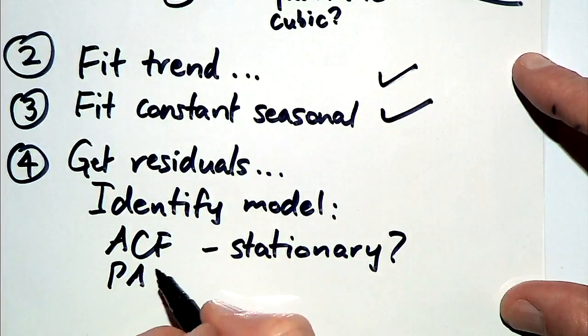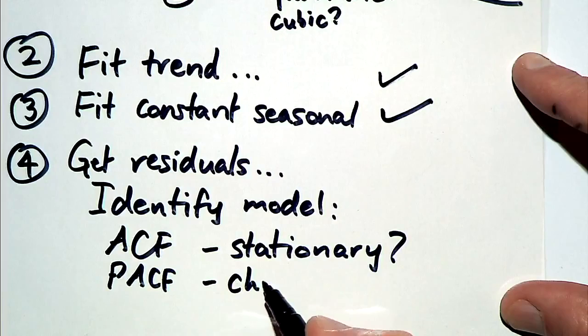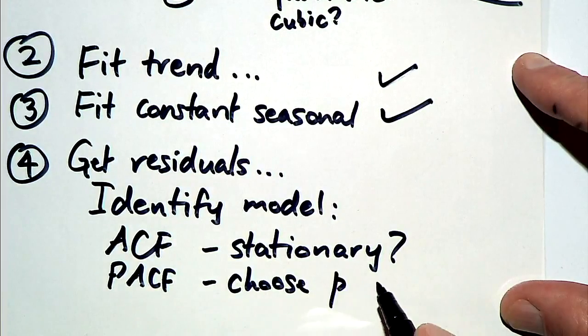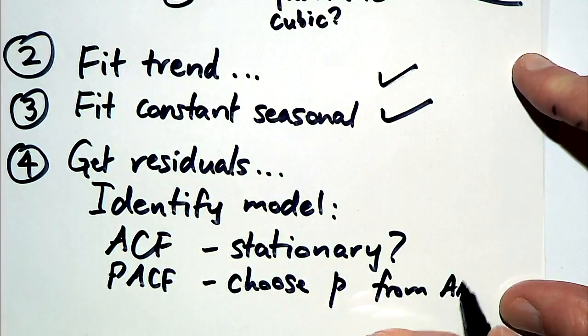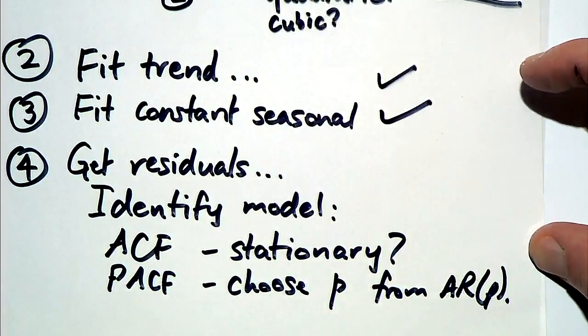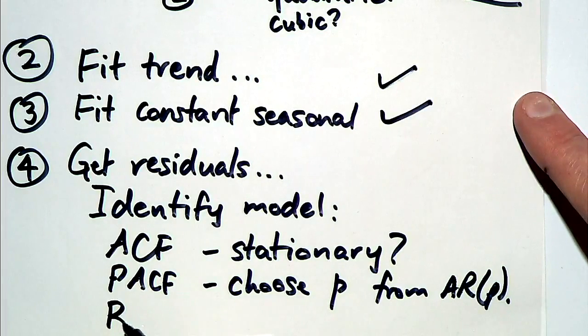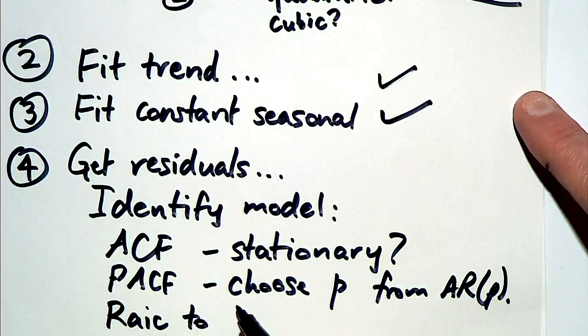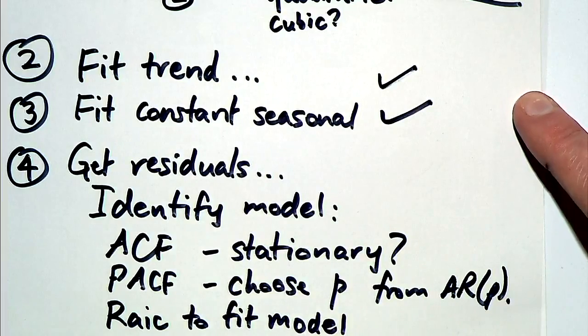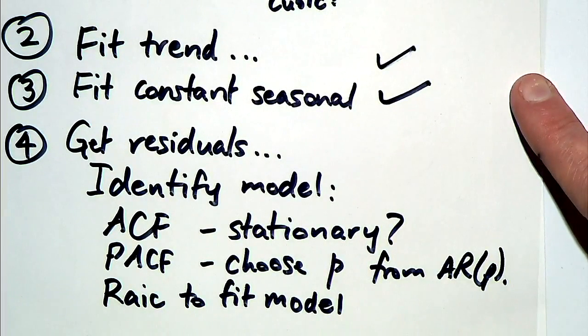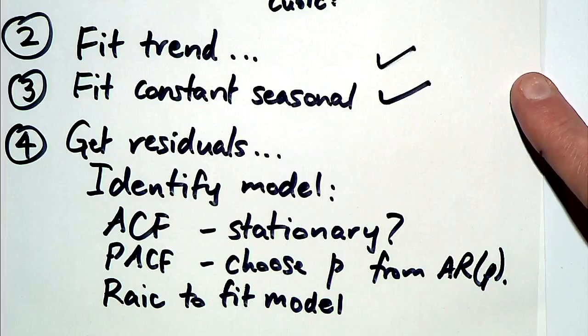Use the PACF to choose p from an AR(p). So decide how big your model's going to be. Use R to fit the model. Easy peasy. Once you've got the residuals, identify the model. ACF to check if it's stationary. PACF to choose the order. Use R to fit it.